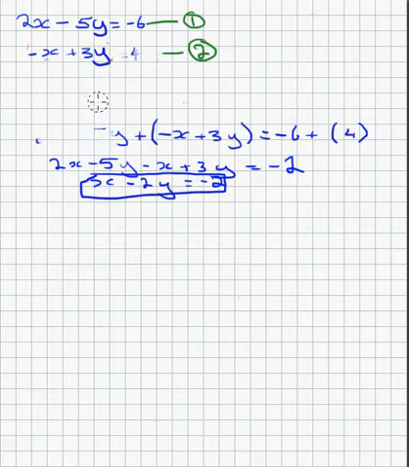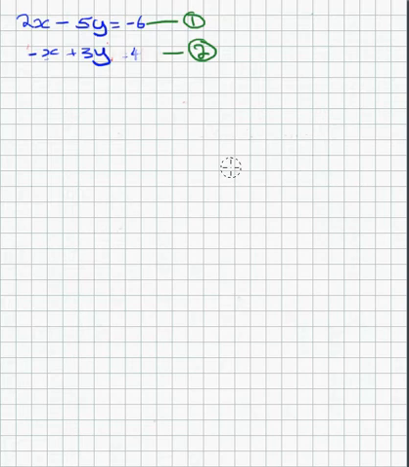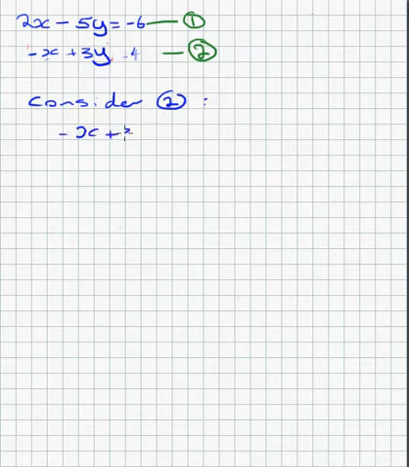First, let's consider equation 2. That's minus x plus 3y equals positive 4.